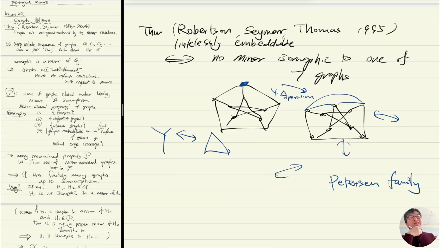So in this case, we are good. This implies that you can use a minor testing algorithm to decide whether or not a graph is linklessly embeddable by testing these forbidden minors. But this doesn't mean that this algorithm will find an embedding, right?